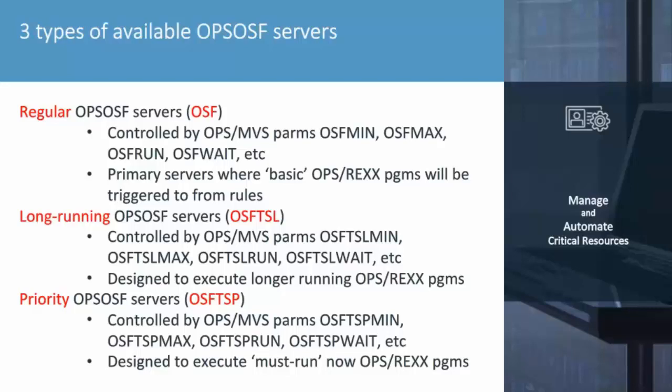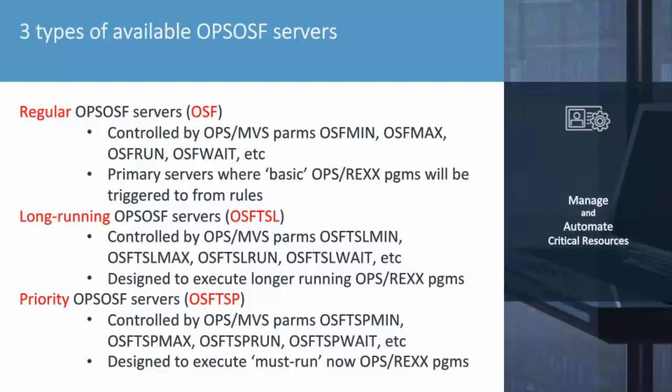The last type of servers are called priority or OSF TSP servers. These servers would be reserved for priority programs that contain logic that should run ASAP. This may include disaster recovery procedures or proactive programs that are automating events on the system that may result in bigger system issues if they are not addressed immediately.